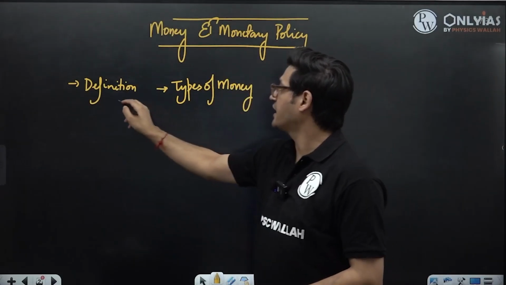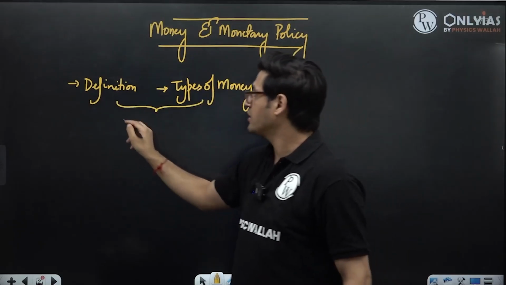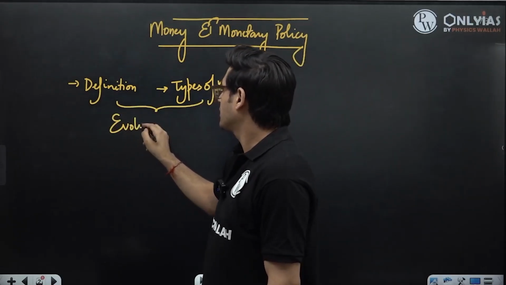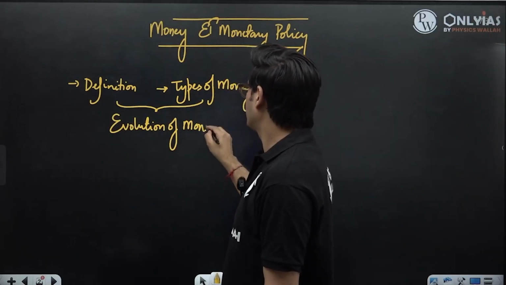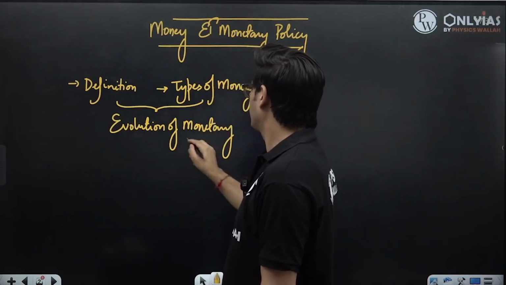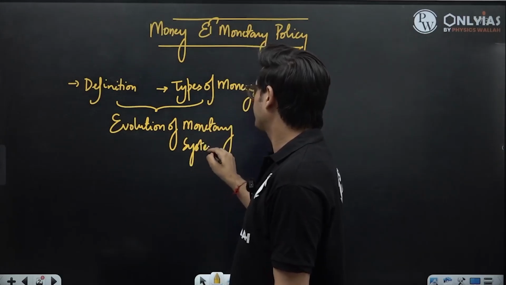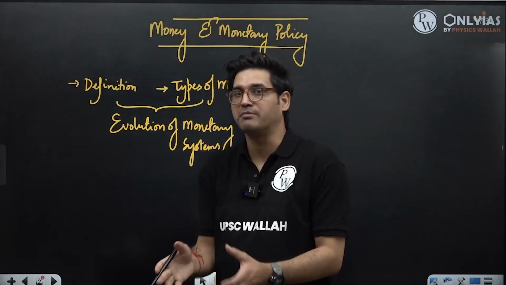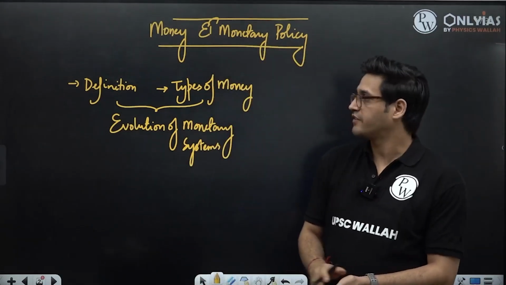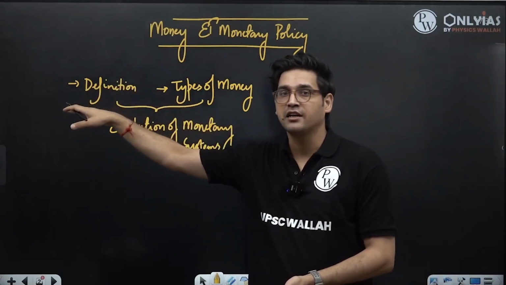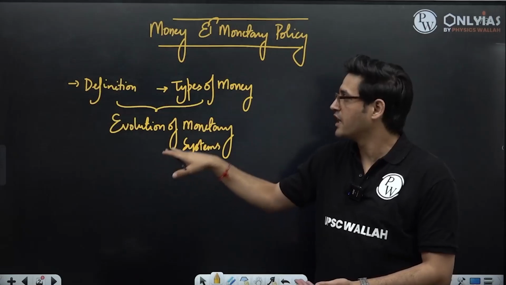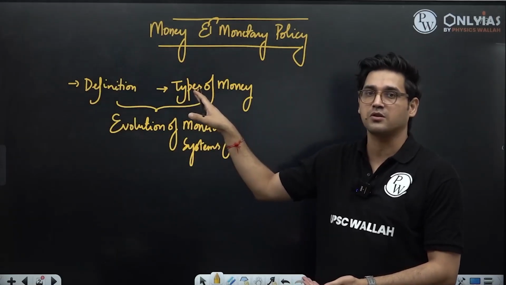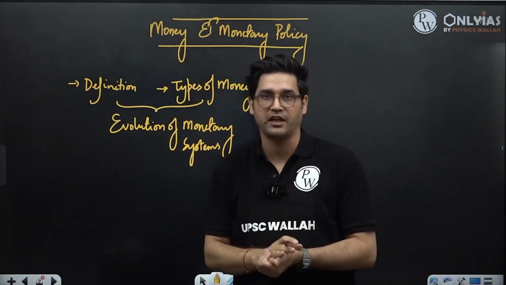We will understand through a discussion on what is called the evolution of monetary systems or evolution of money specifically. So we will start with what is meant by money. We will discuss the evolution of money or monetary systems. Therein, we will also focus on what are the various types of money.